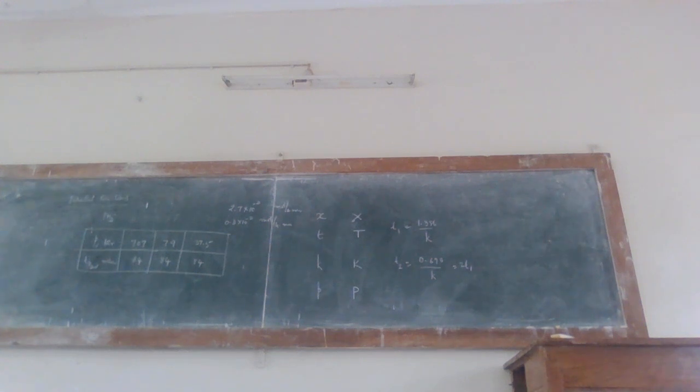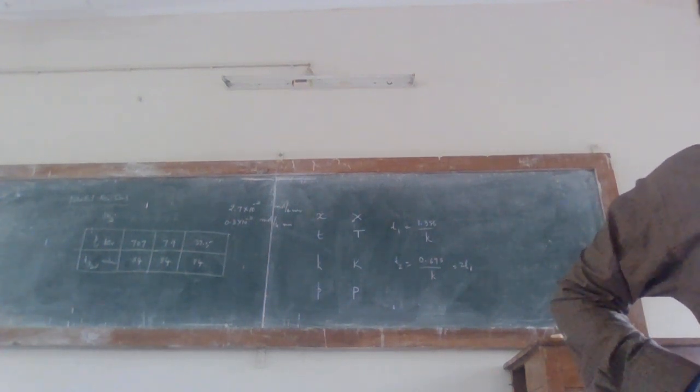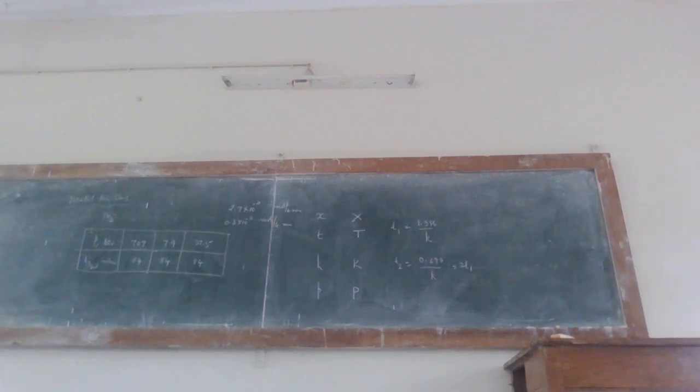What is given? What is being asked? The rates of reaction at different concentrations are given. That means two Ca values are given, and two rates are given. He is asking for the order of the reaction.